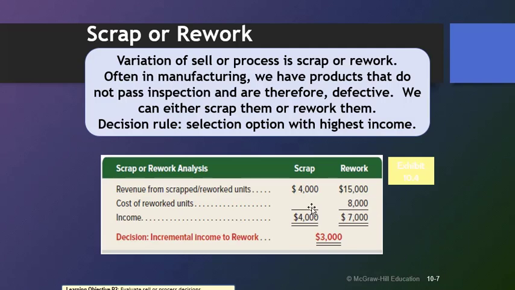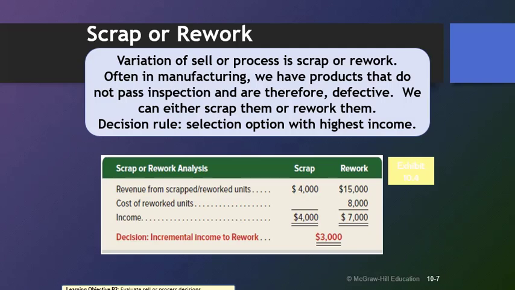So we look at the difference that this would make to income. Right now, the scrapped goods are giving us $4,000 in income. If we rework them, we get $7,000 in income. From a financial perspective, it makes sense to rework these so that we can get the additional $3,000 in income.